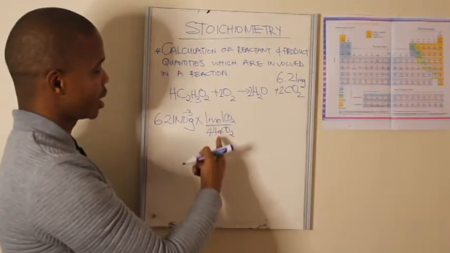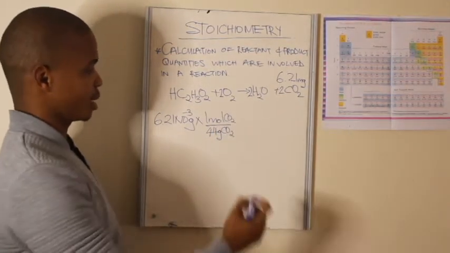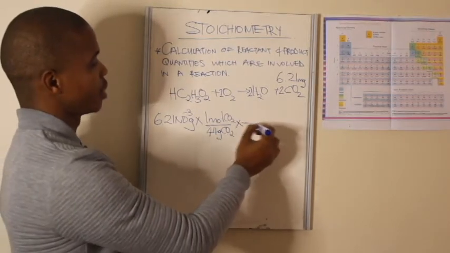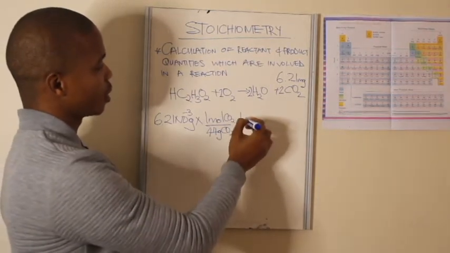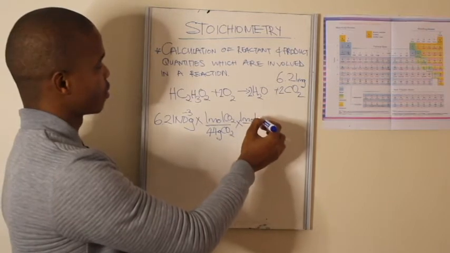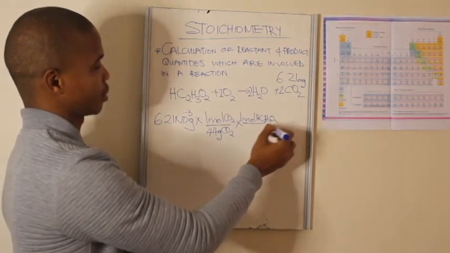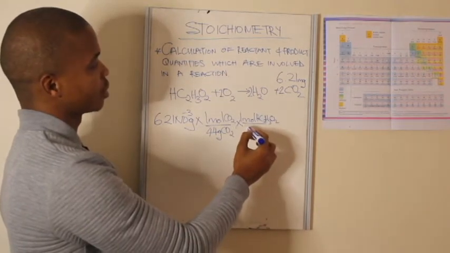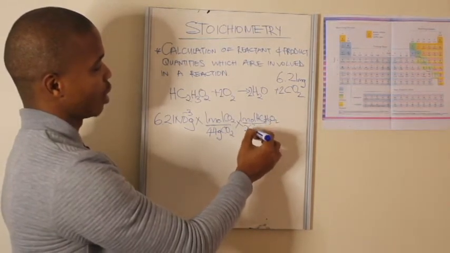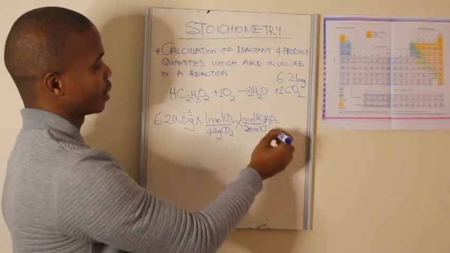Now I have to relate these moles based on what I was saying. So 1 mole of acetic acid is equal to 2 moles of carbon dioxide.